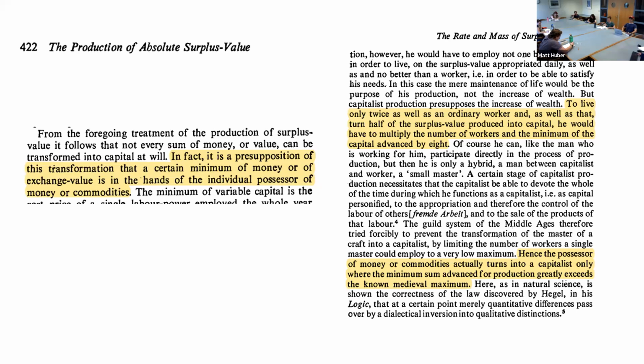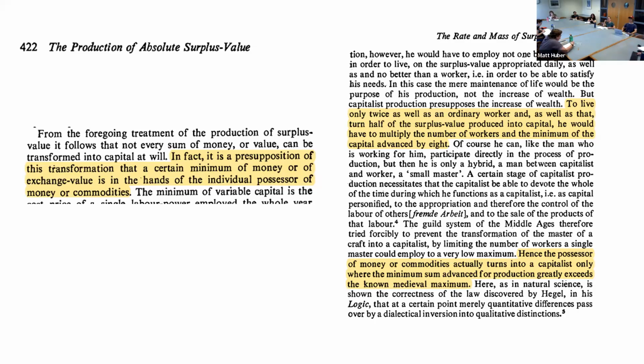And he says the possessor of money or commodities actually turns into a capitalist only where the minimum sum advanced for production greatly exceeds the known medieval maximum. He has all this interesting stuff about how labor guilds restricted the scale of production to try to keep it more in the workers' hands and the small scale skills of the laborer.